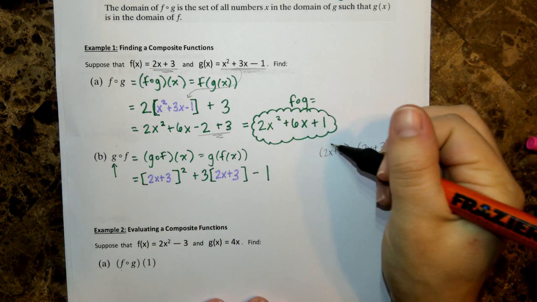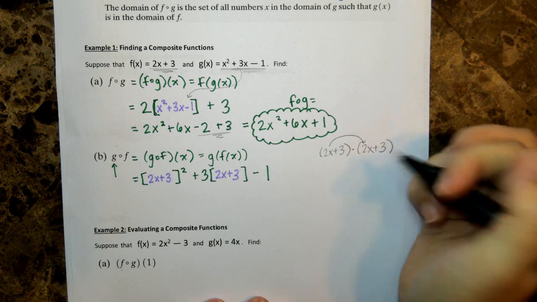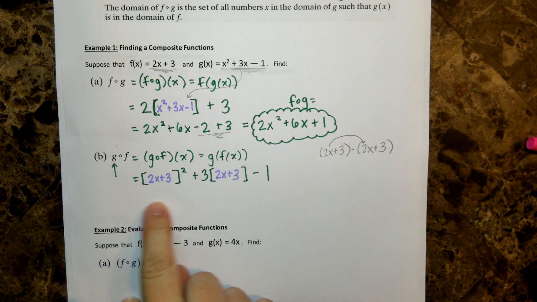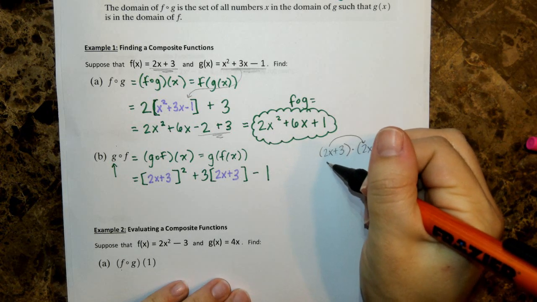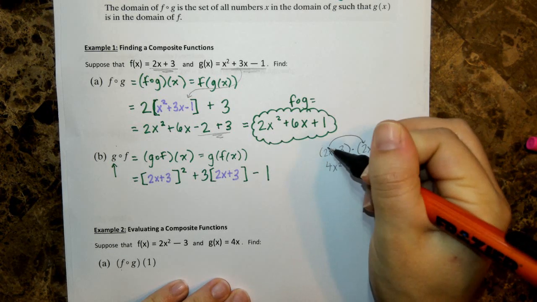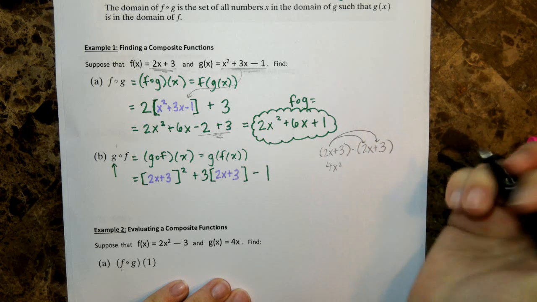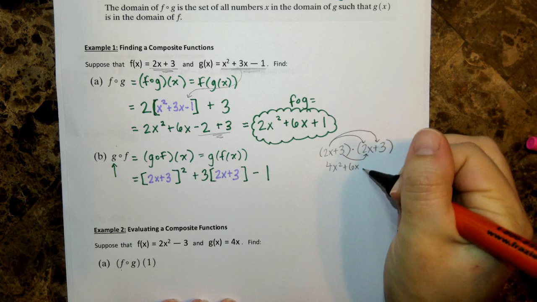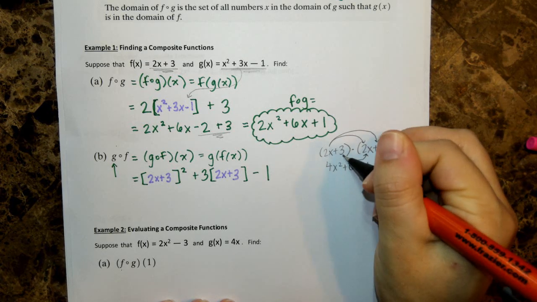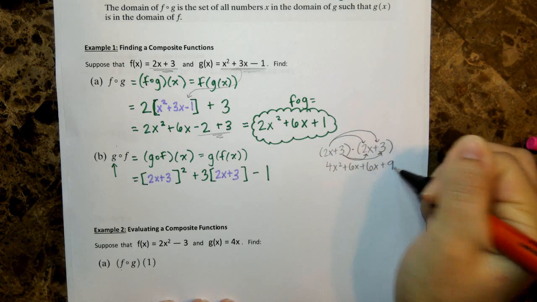But if you wanted to FOIL, it would just be 2x times 2x, which I'll go ahead and just write right underneath, is 4x squared. 2x times 3 is 6x. 3 times 2x is 6x. And 3 times 3 is 9.